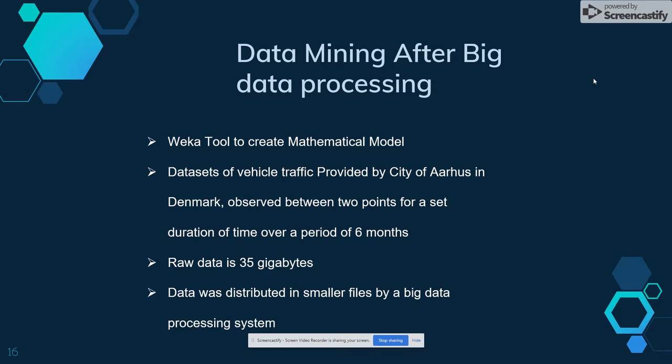We are also using a data set of vehicle traffic provided by the city of Aarhus in Denmark, observed between 2 points for a set duration of time over a period of 6 months. The raw data is 35 gigabytes, but the data was distributed in smaller files by a big data processing system.